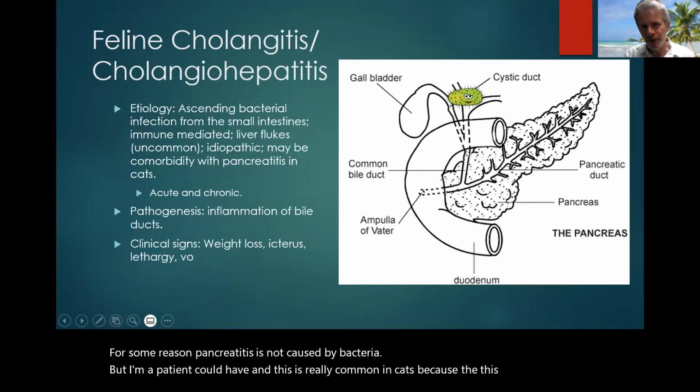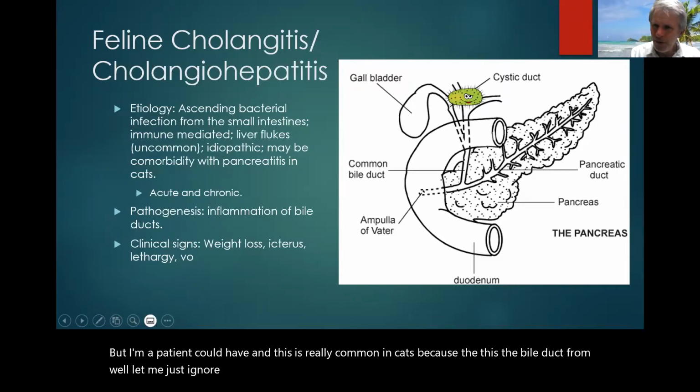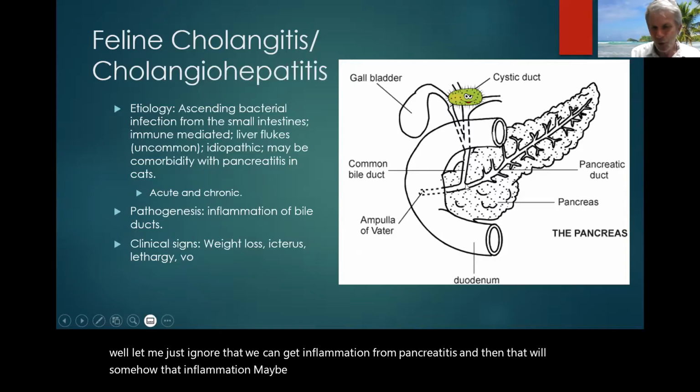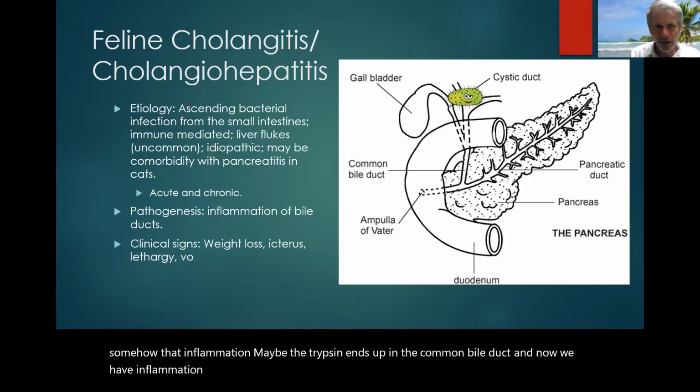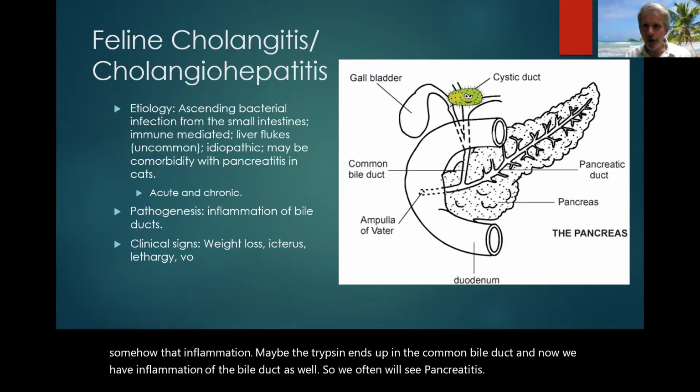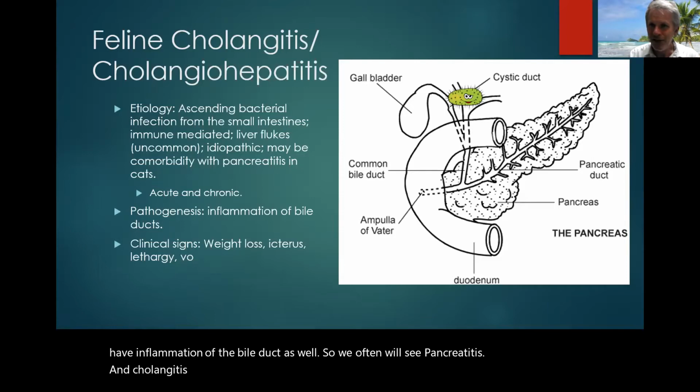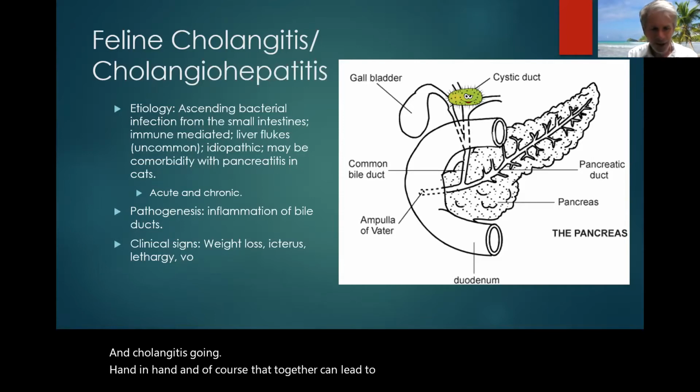We can get inflammation from pancreatitis, and then that inflammation, maybe the trypsin ends up in the common bile duct, and now we have inflammation of the bile duct as well. So we often will see pancreatitis and cholangitis going hand in hand. And of course, that together can lead to hepatic lipidosis.